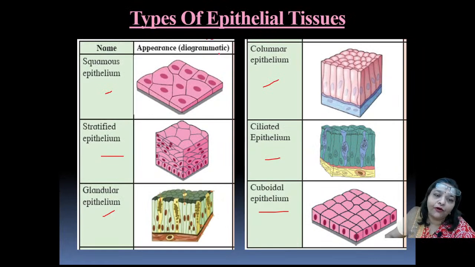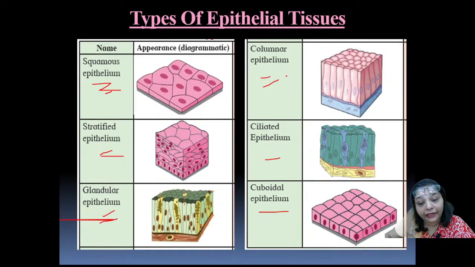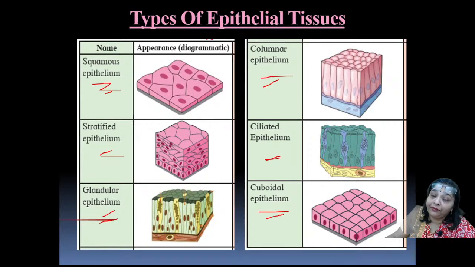just have a look at the various types of epithelial tissues which we studied: the squamous epithelium, the stratified epithelium, the glandular epithelium, the columnar epithelium, the ciliated epithelium, and the cuboidal epithelium. Generally, epithelial tissues are found on the surface, whether it might be an outer surface or inner surface of any organ or the organism, right?